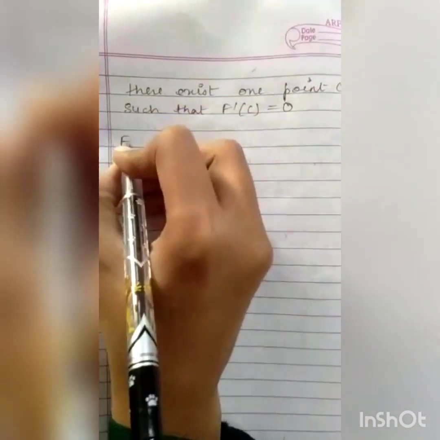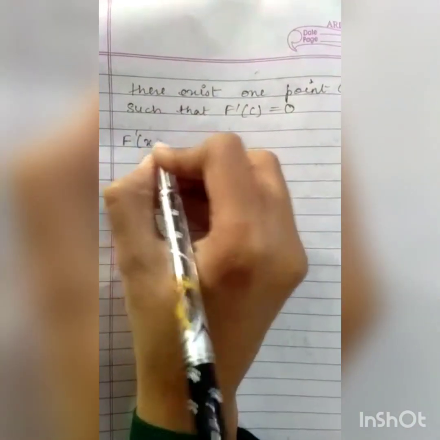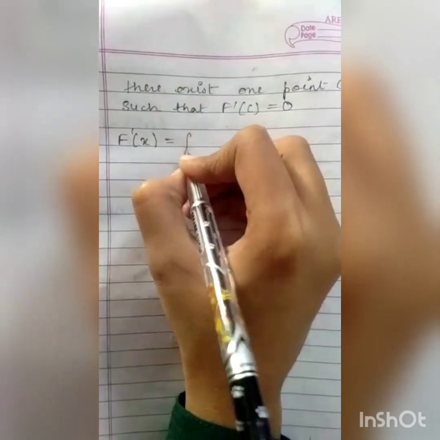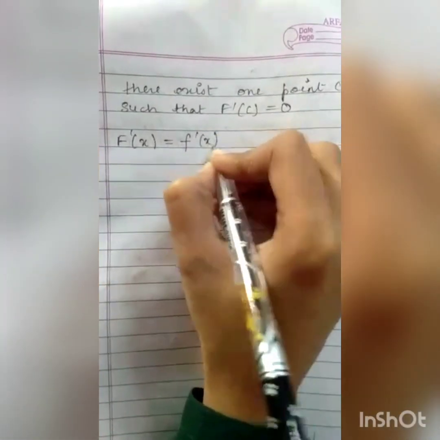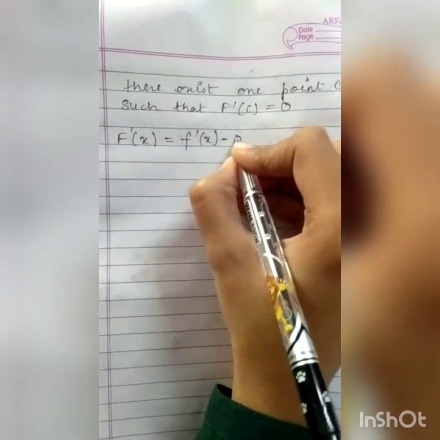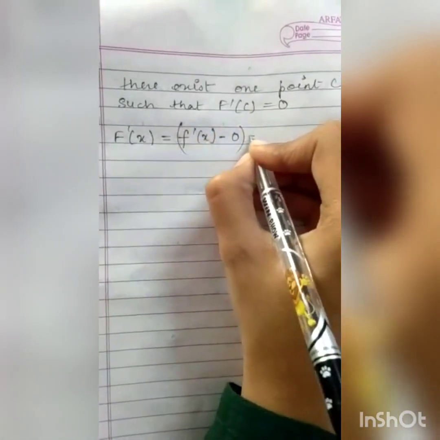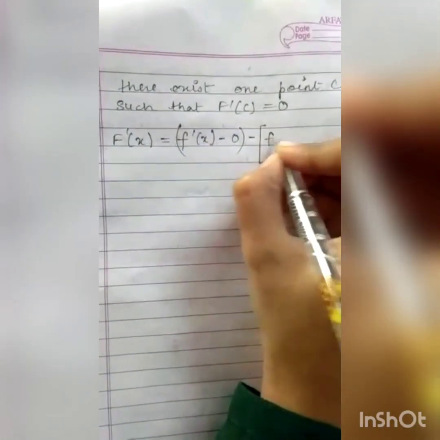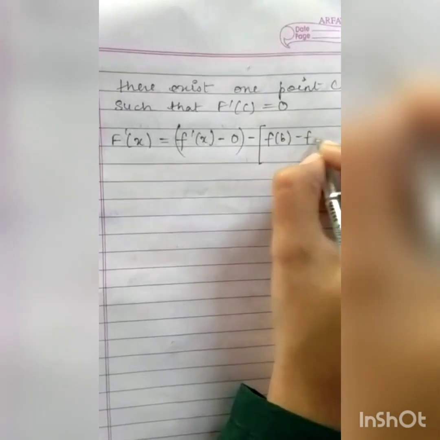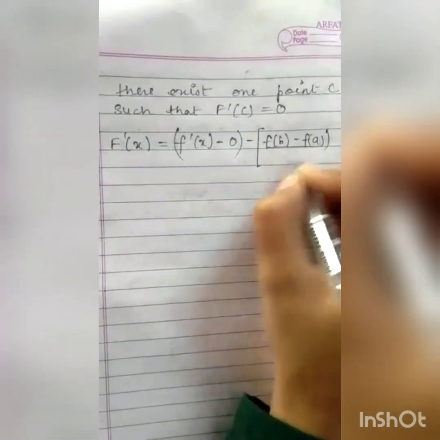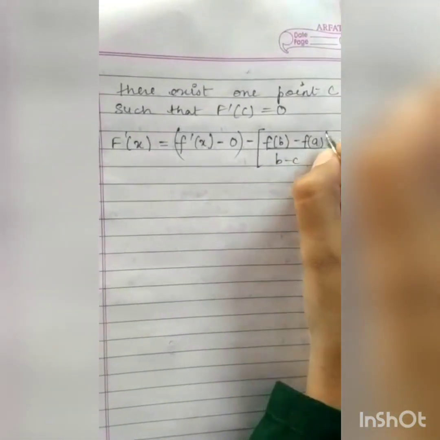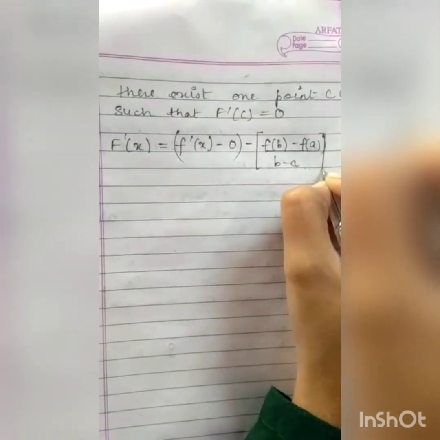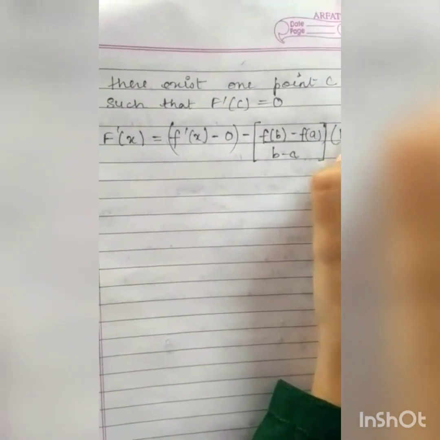Now we will see the value of capital F'(x). This will be f'(x) minus 0, minus [f(b) minus f(a)] as it is upon (b minus a), in square bracket, into 1 minus 0.